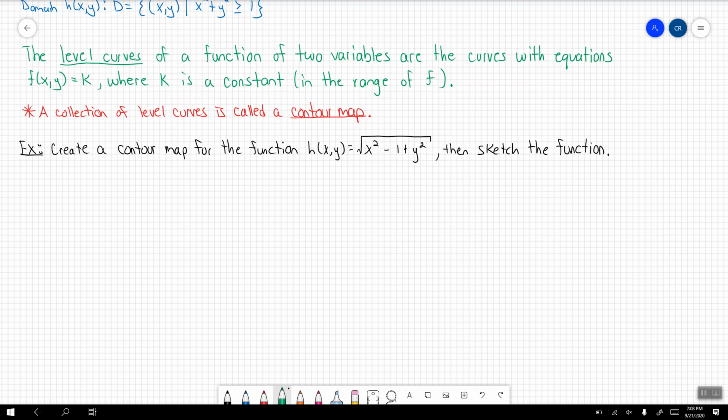So these level curves are kind of like these projections that we were looking at when we were working in section 12.6 with surfaces of these functions.